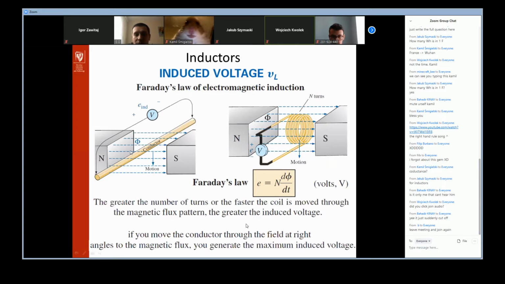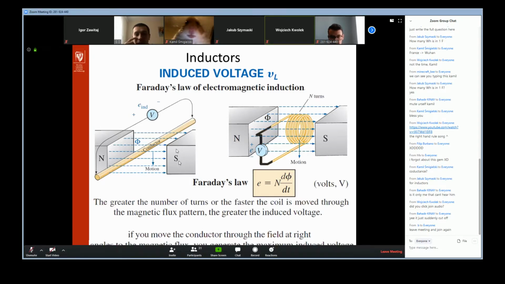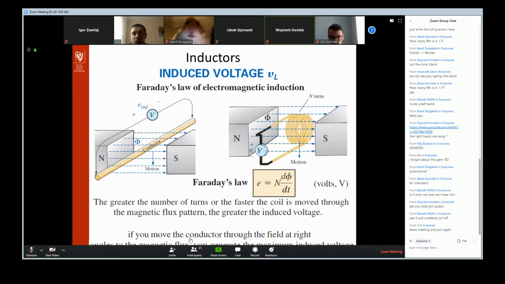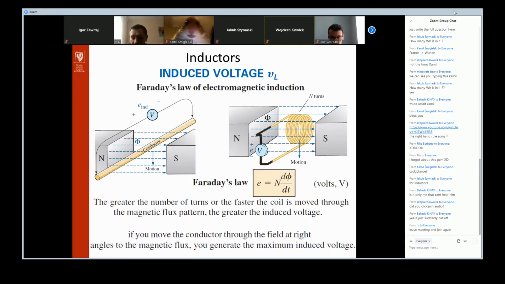Also, in this case, the conductor should move in that direction, so it is at a right angle to the magnetic flux, not in that direction. Okay, that's how we can observe the induced voltage across the coil in a magnetic field.